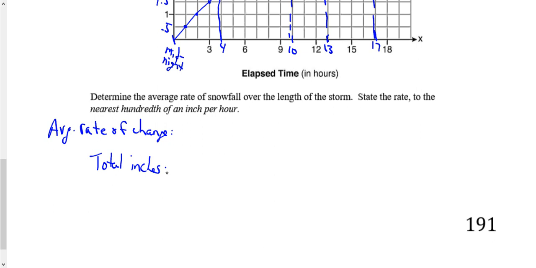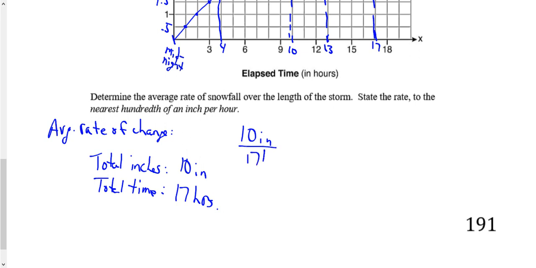Everybody agrees 10 inches, right? And what was the total time of the storm? How many hours? 17 hours, right? So now it's just going to be like a unit rate, isn't it? They want inches per hour. 10 inches per 17 hours, right?